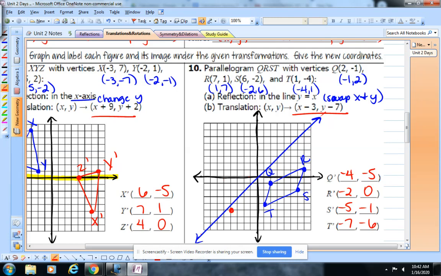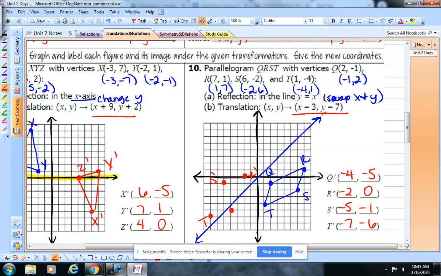My line might be confusing, so I might erase it in just a minute. Yeah, that's right.